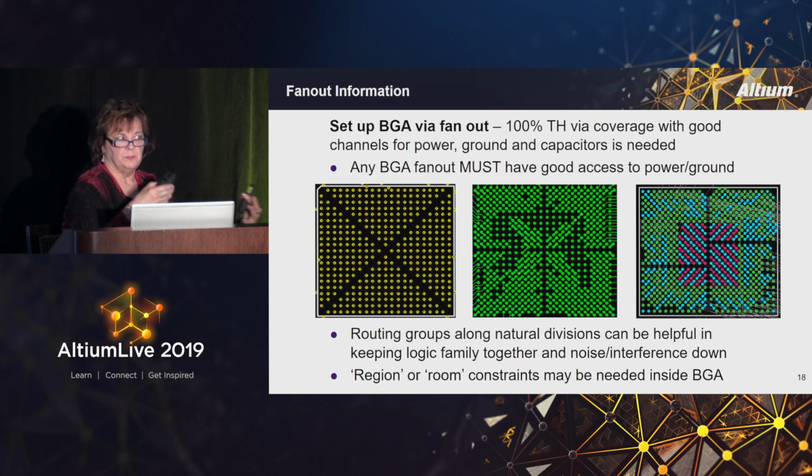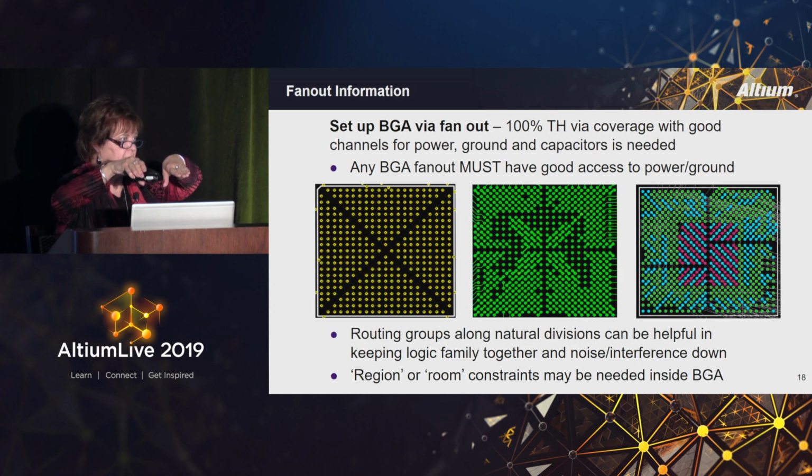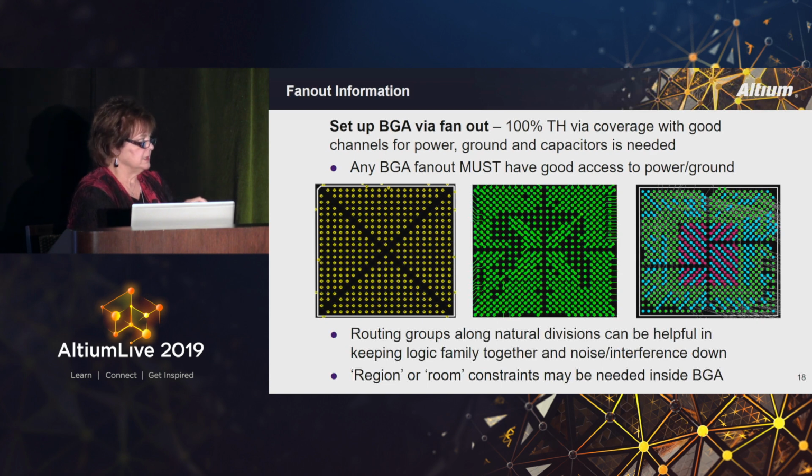Because we always want to keep our signals a little bit farther apart from other buses than they are from each other, because if this bus is turning on over here, we don't want it to turn on this bus over here that wasn't meant to turn on at the same time. And sometimes we have to set up region or room constraints inside the BGAs in order to neck down signals a little bit to get them to go into the setup the way we want them.